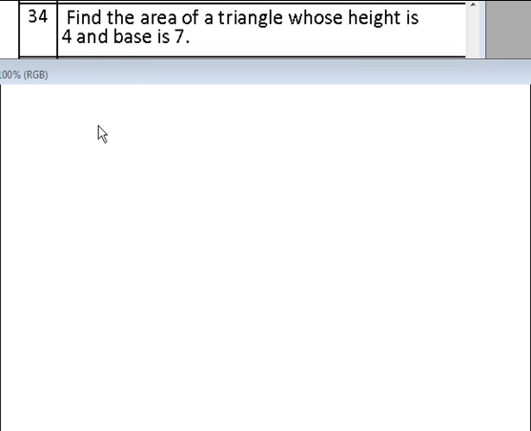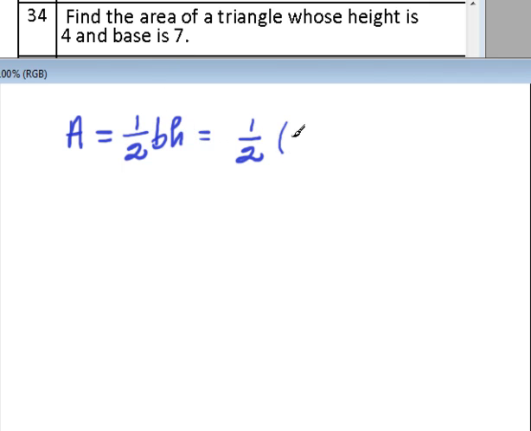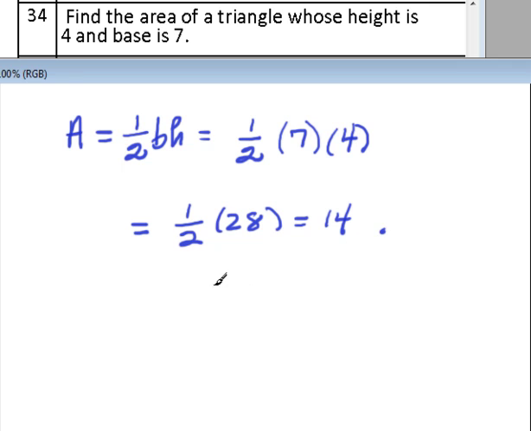In 34, we want the area of a triangle whose height is 4 and base is 7. This is the formula for the area of a triangle, 1/2 base times height. We have base 7, height 4, so we want 1/2 of 7 times 4, 1/2 of 28, which is 14. And that would be square units.